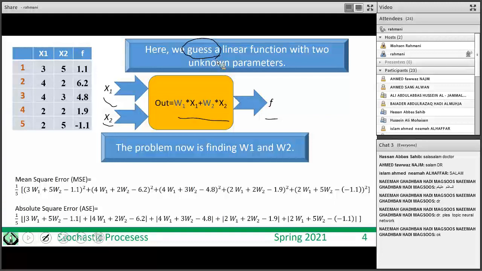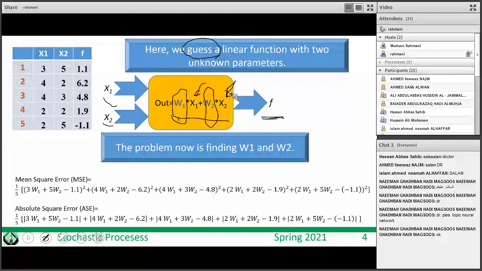What is the meaning of linear function? It means that f is equal to a weight, a number, a coefficient, multiplied by the first input, and another coefficient multiplied by the second input.